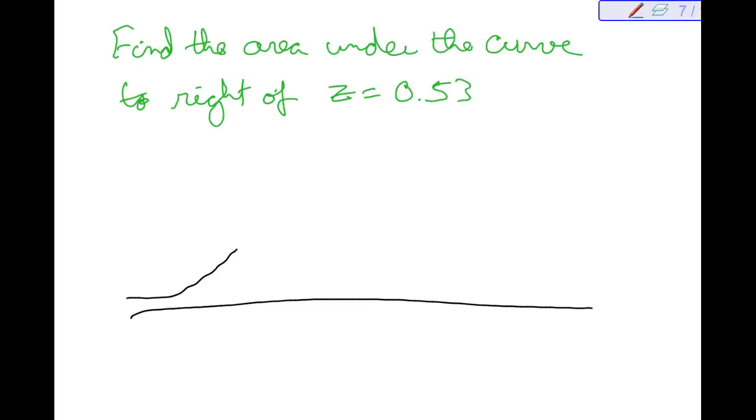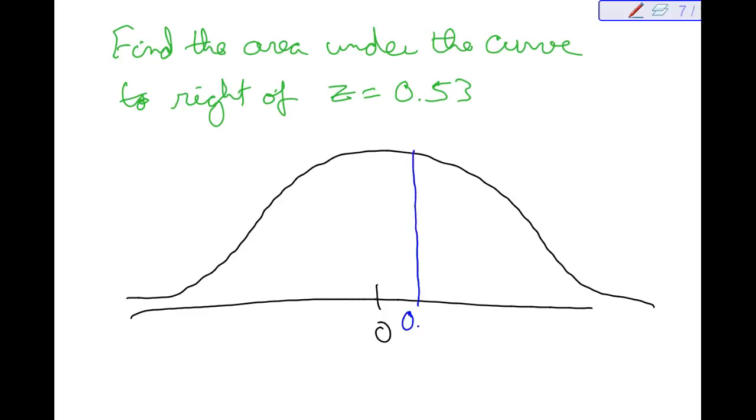So here's my curve, here's 0, and 0.53 is over here, and I want to the right.